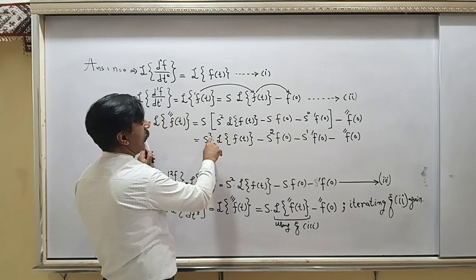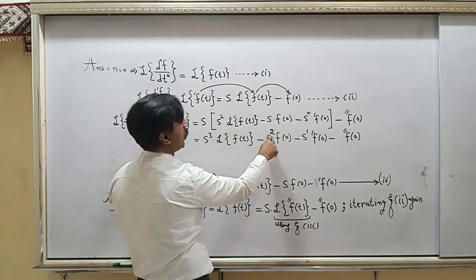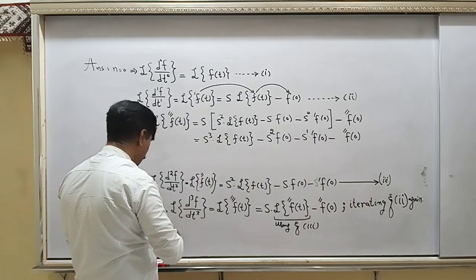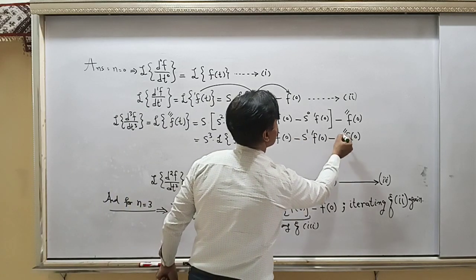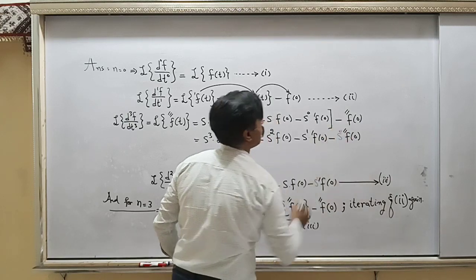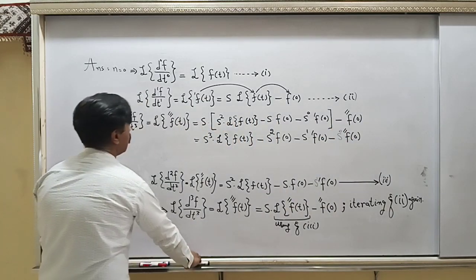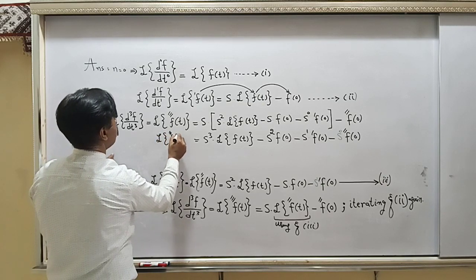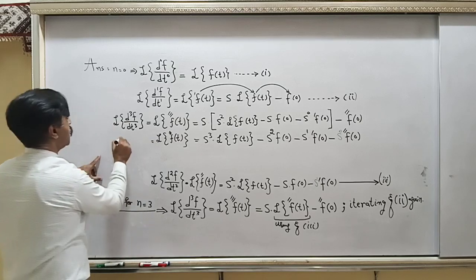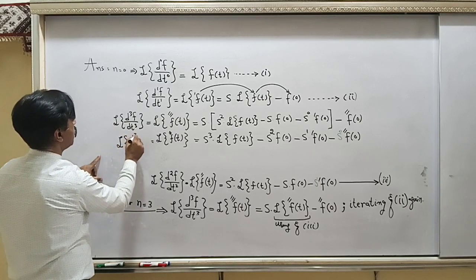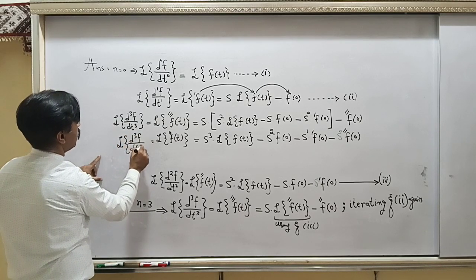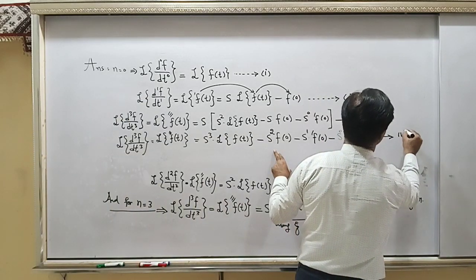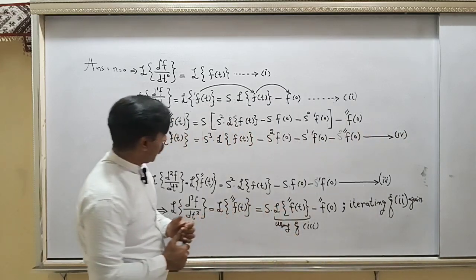Since again the exponent of s is reducing by 1 each time, and in the end you will have again s with exponent 0, and on the left you have the Laplace transform of f triple prime t. This is just for the sake of completion of the mathematical step, and you may name this as equation number 4.